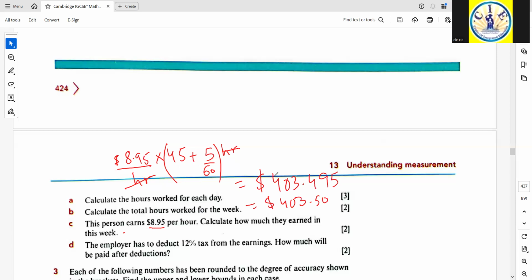So this is the earning for the week. Okay. Then for part D, the employer has to deduct 12% tax from the earnings. How much will he be paid after deductions?